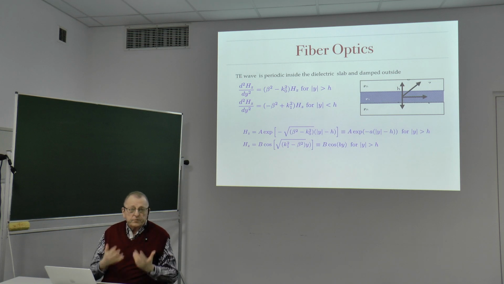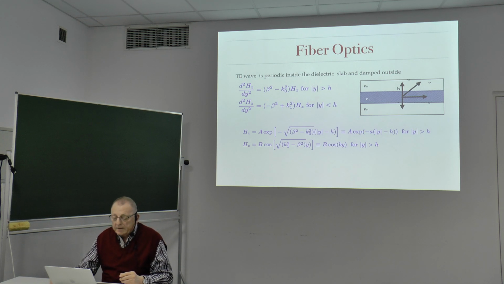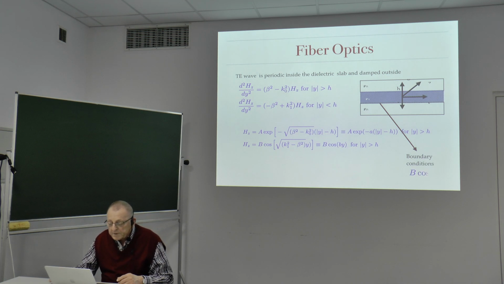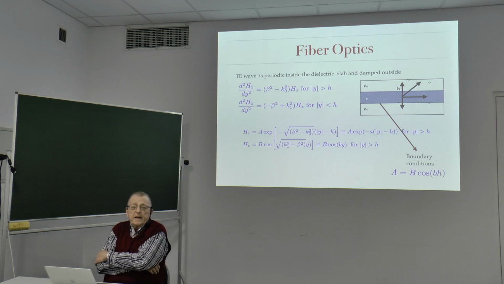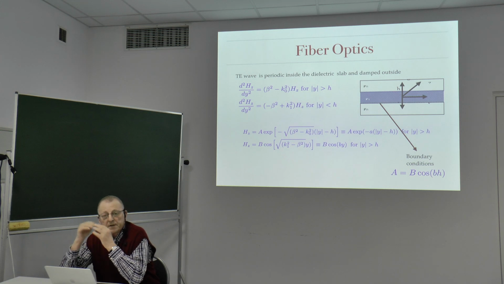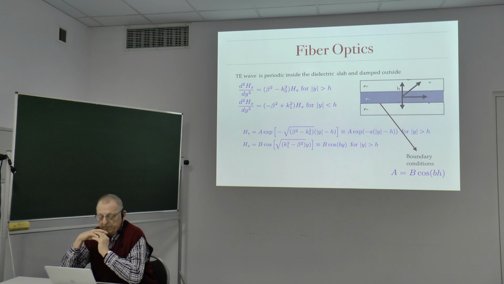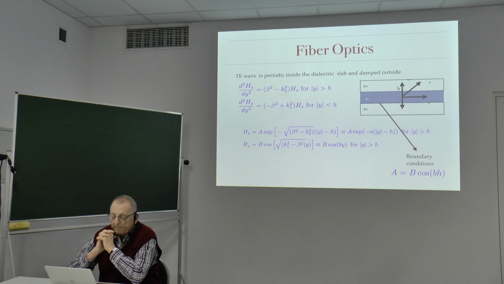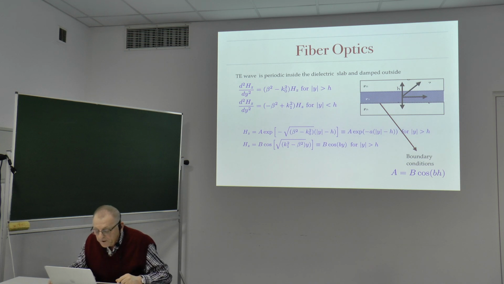So now I have two solutions, and I have to apply the boundary conditions. If I apply those boundary conditions, I get a relation between the coefficients a and b, these amplitudes: a is equal to b times the cosine of the coefficient b.